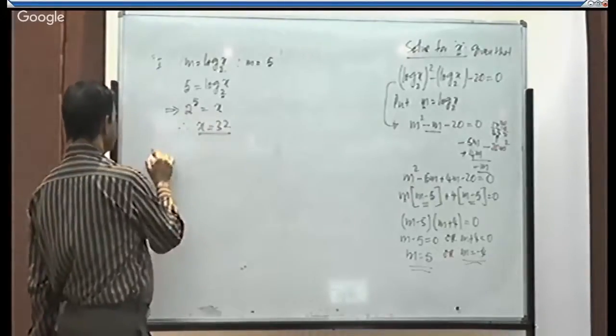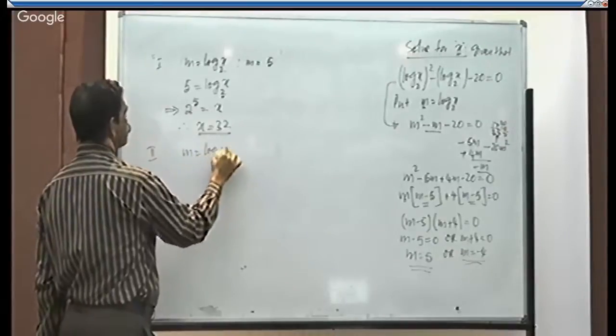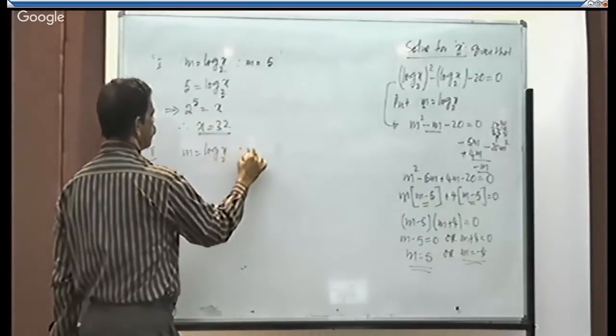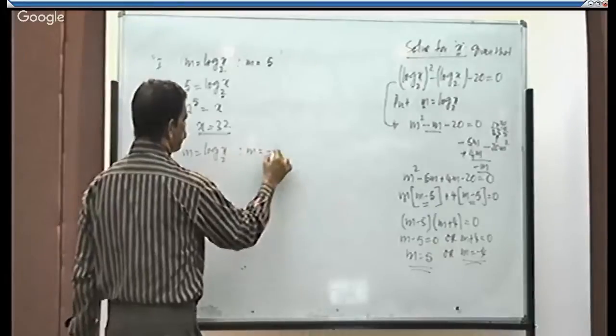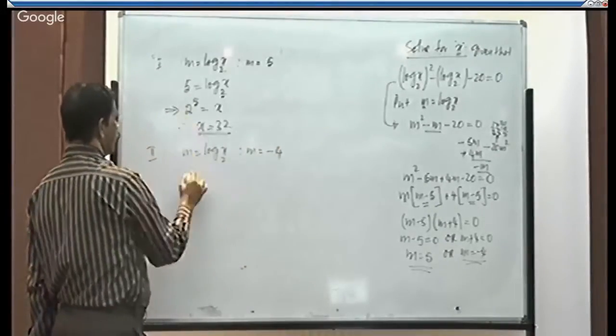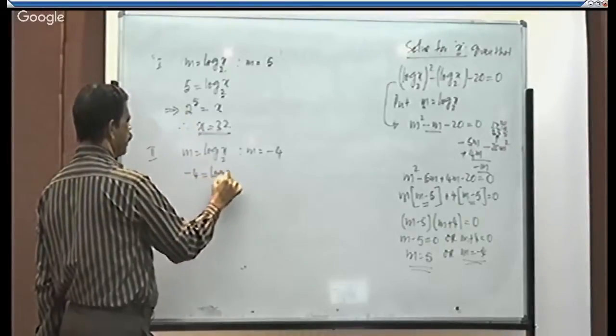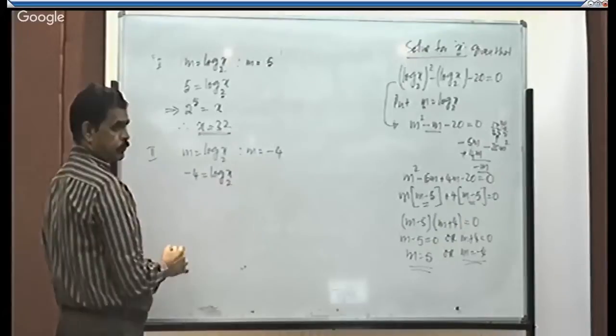The other value, same way, take m is equal to log of x to the base 2. What is m? We obtained m as minus 4. Therefore, minus 4 is equal to log of x to the base 2.